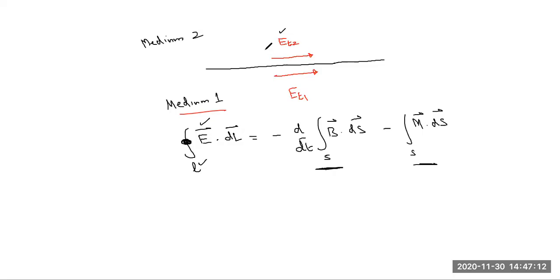So let me draw the closed path. The blue line that I'm using is representing a closed path.